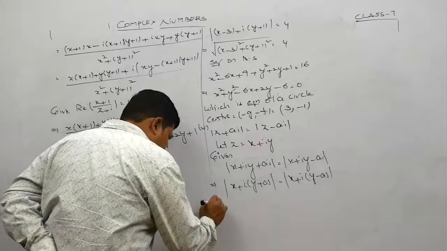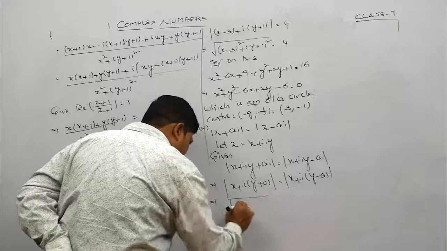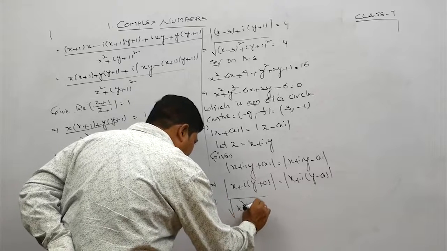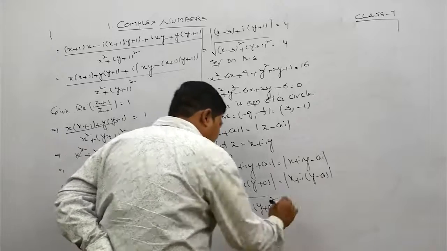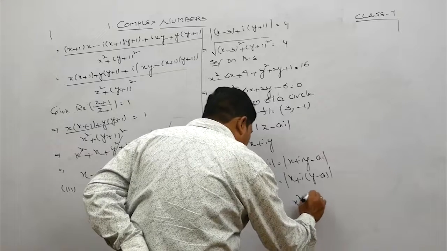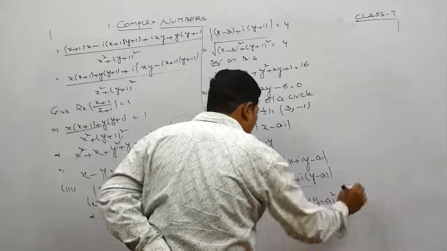Now modulus is nothing but root of a squared plus b squared, so root of x squared plus (y + a) whole squared is equal to root of x squared plus (y - a) whole squared.